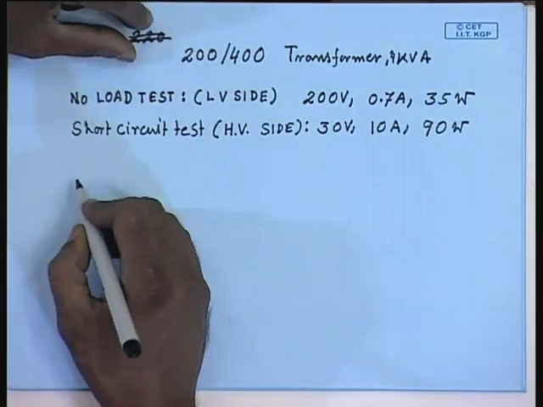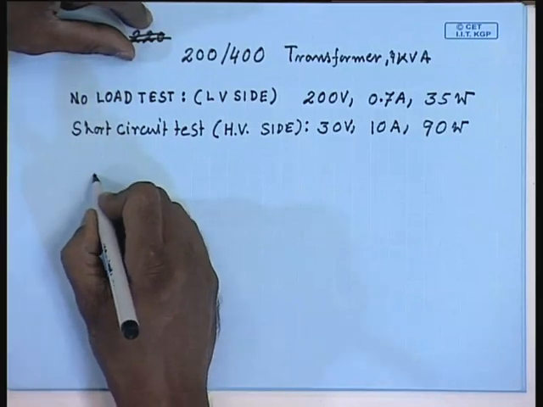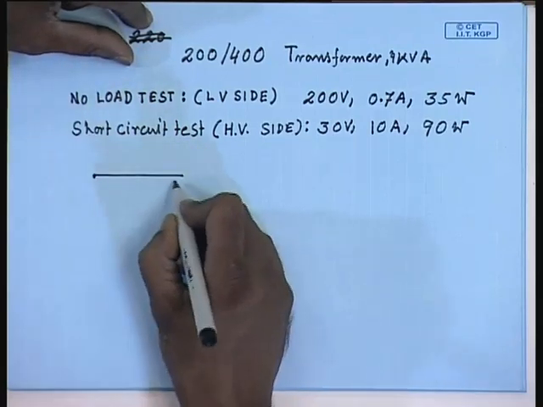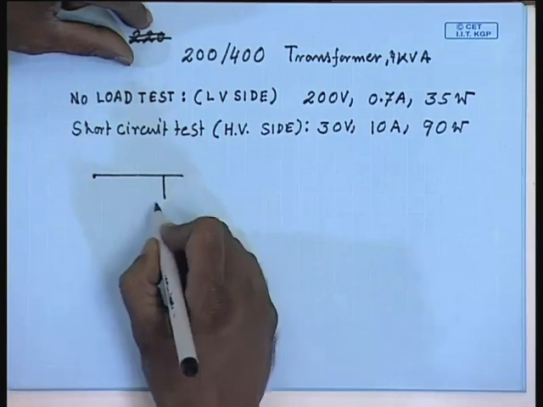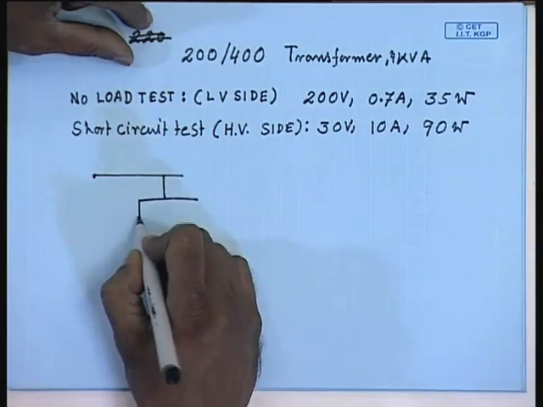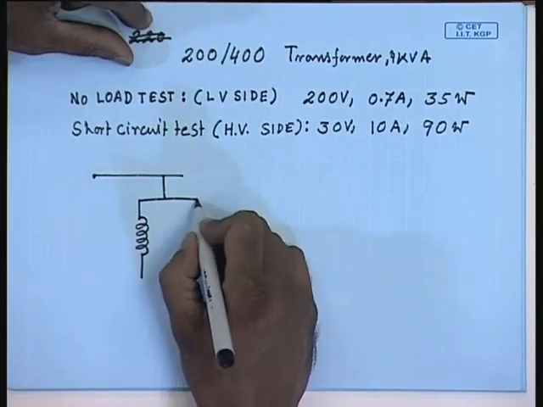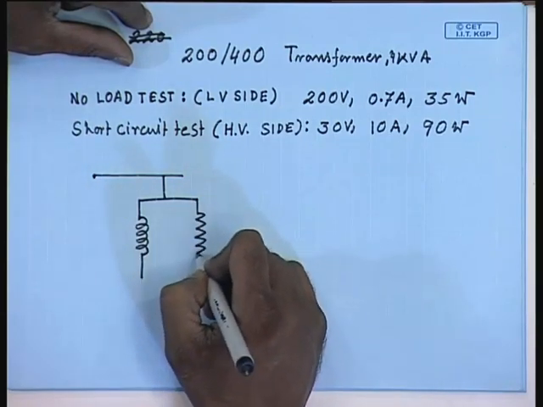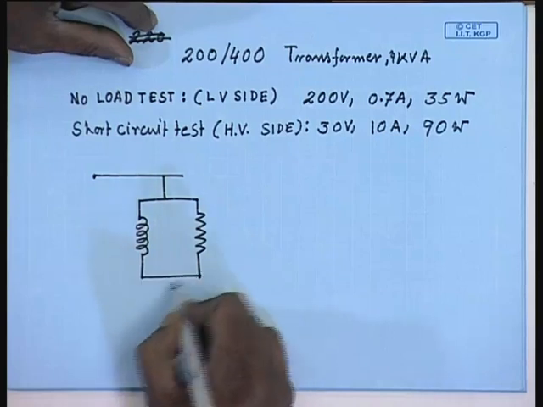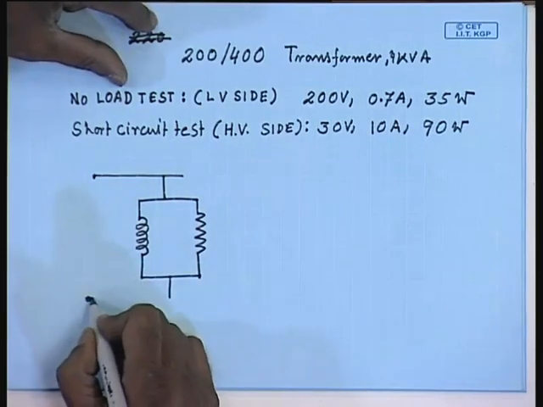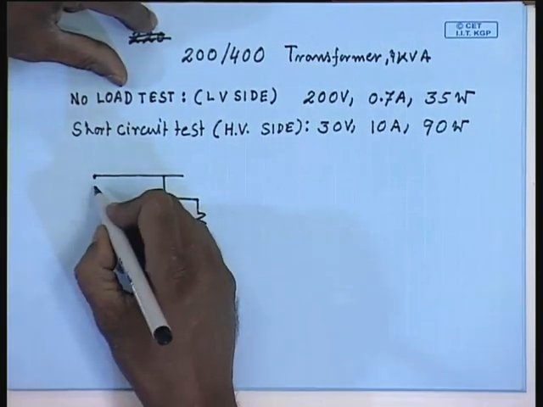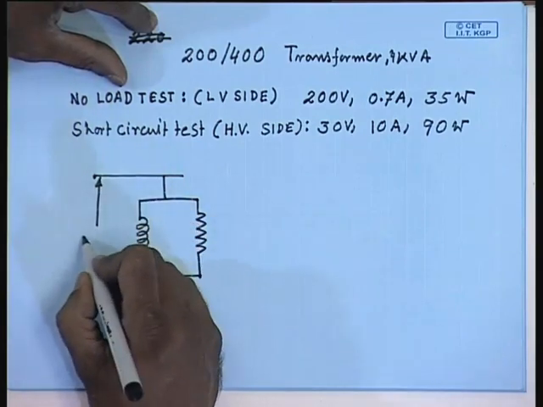Then at no load, the approximate equivalent circuit of the transformer looks like this. The voltage applied is 200 volt.